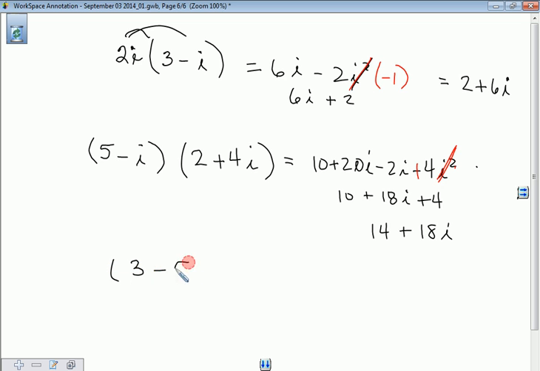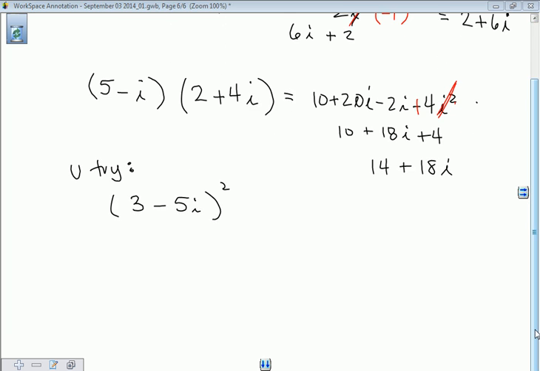Okay, 3 minus 5i, quantity squared. You try. Will we do this like the pyramid thing? Yes, I would.